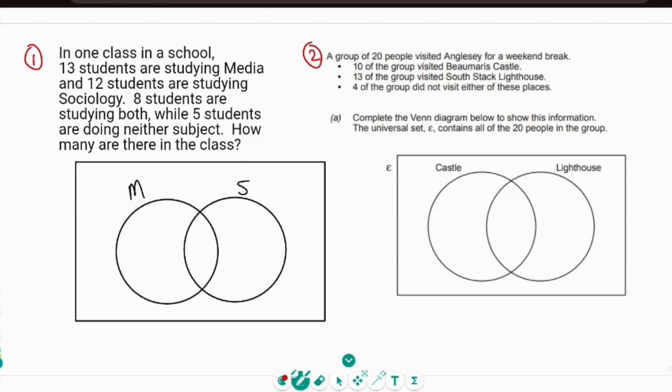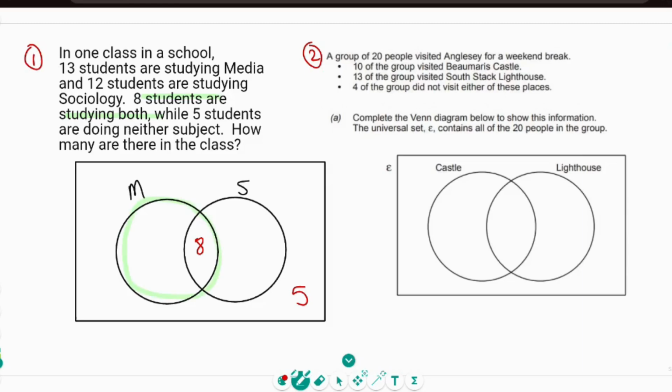Okay, in one class in a school, 13 students are studying media. 12 students are studying sociology. 8 students are studying both, while 5 are doing neither. How many are in the class? Right, luckily here we've got 8 students studying both, so I know immediately this goes in the middle. 5 study neither, 5 is on the outside. 13 study media, so this whole circle is media.